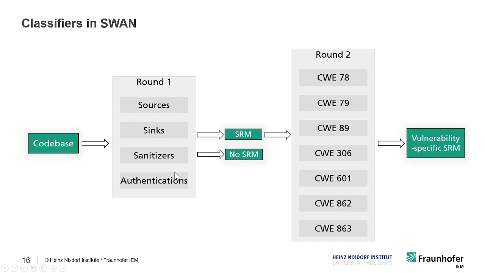In the authentications we have a multi-class classifier. We distinguish between authentication methods that will authenticate users, like log in, sign in, and so on, methods that will unauthenticate users, like log out, sign out, and so on. And then we also have a class for neutral authentication methods, like is authenticated.